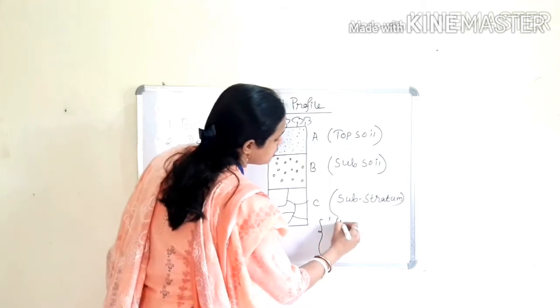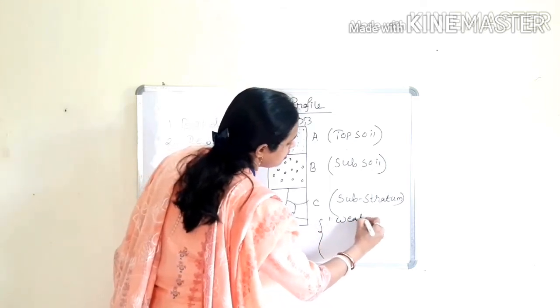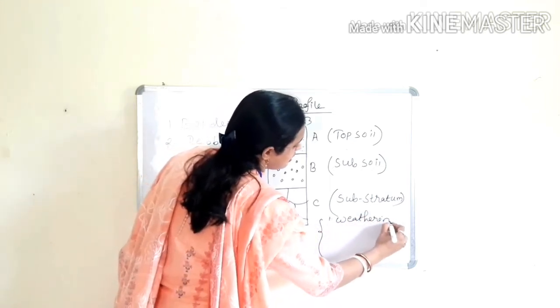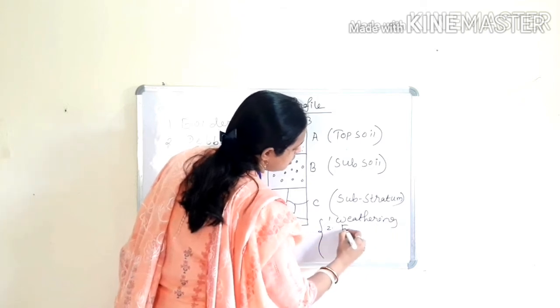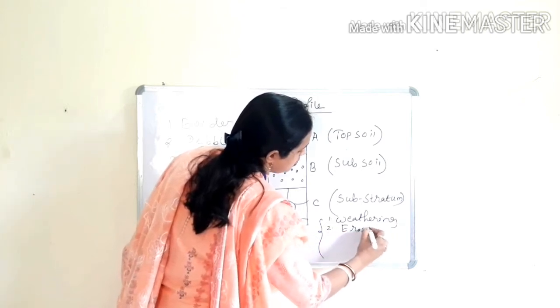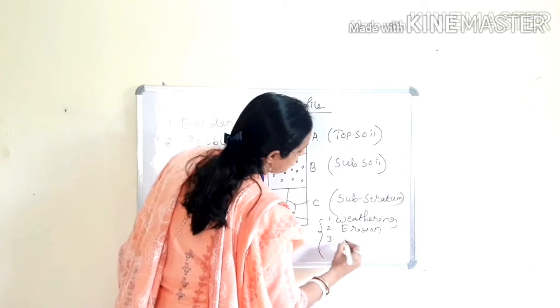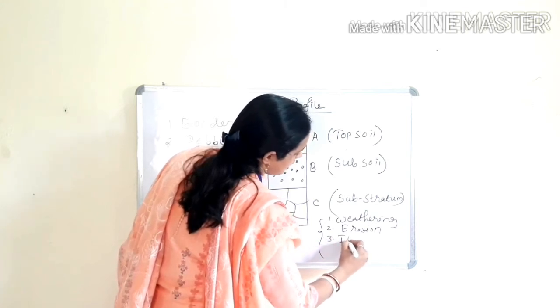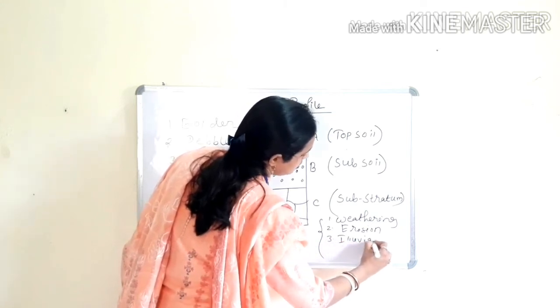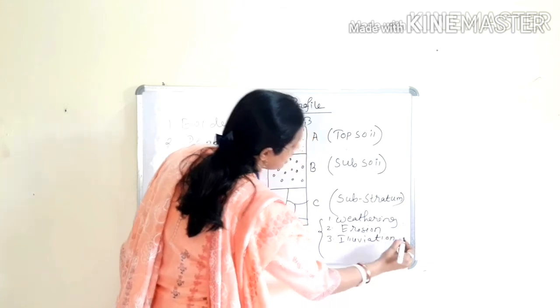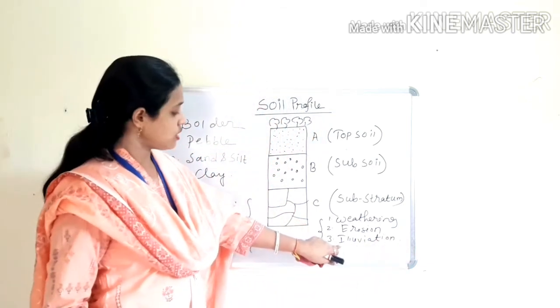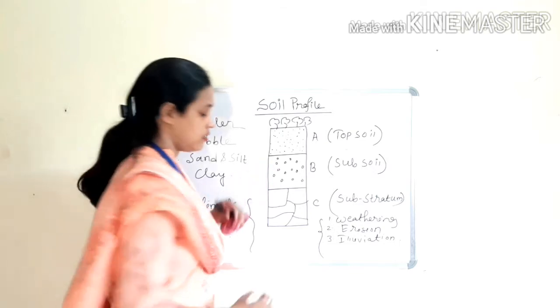And here I present some processes which are involved in soil formation. First one is weathering. Second one is erosion. Third one is alluviation, a process we find in B layer.